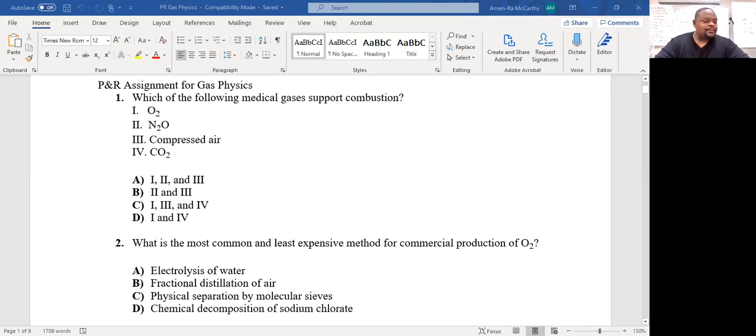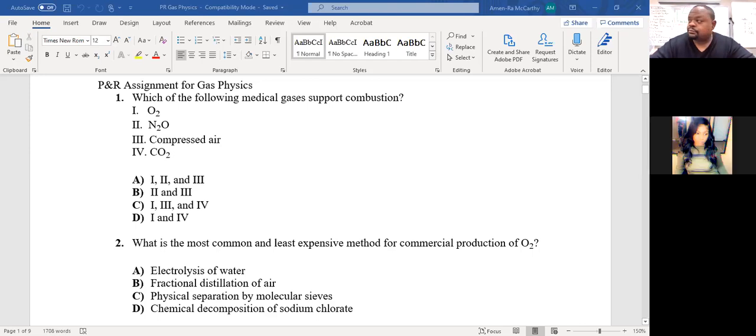All right, number 1, Ms. Shepherd, which of the following medical gases support combustion? Is it A? Answer is A, 1, 2, and 3. All right.